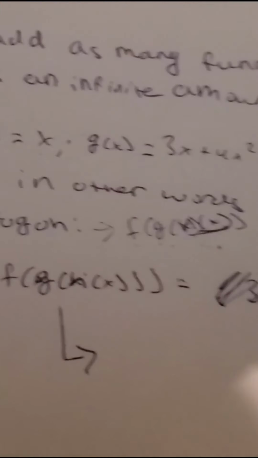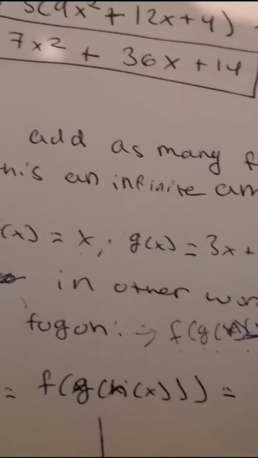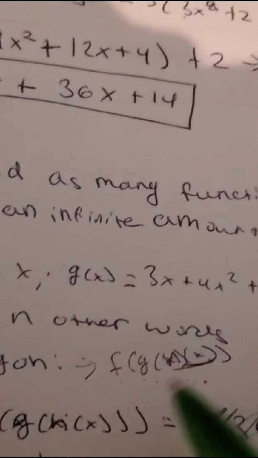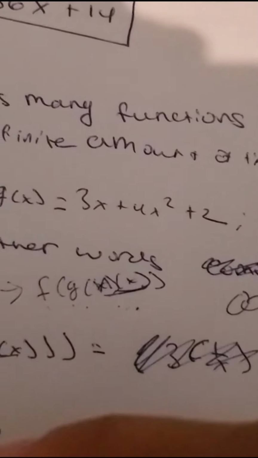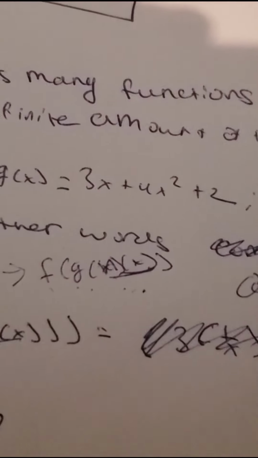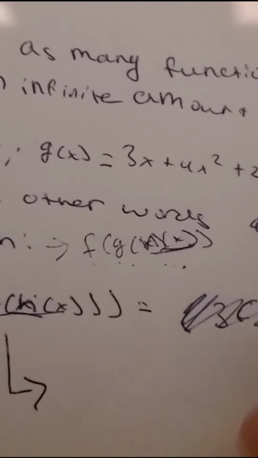So we take it one step at a time. Let's focus on the h going to g first. Don't try to go completely gung ho. Just take it one step at a time to really get what's going on. That's the case for a lot of math problems.